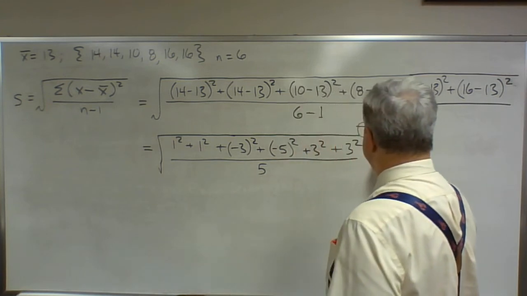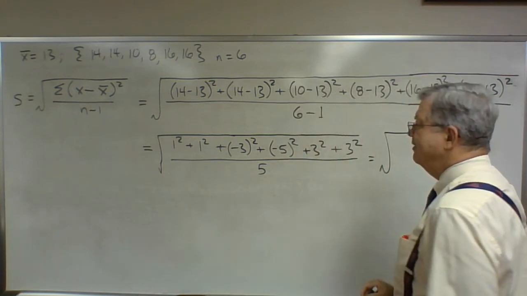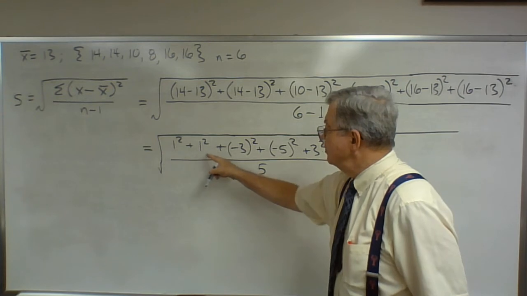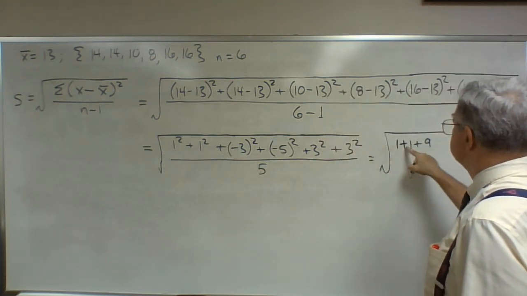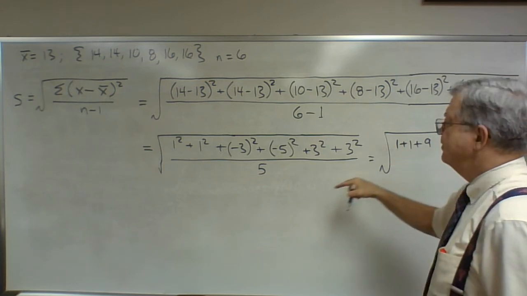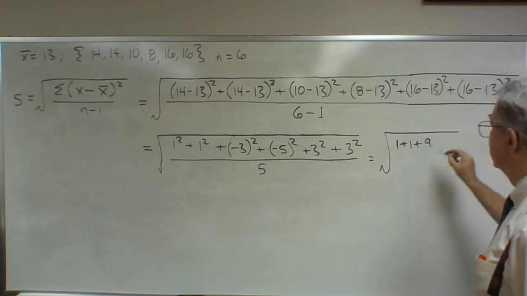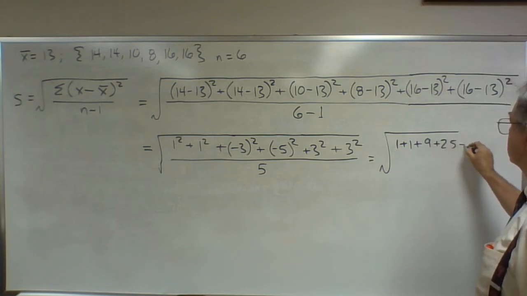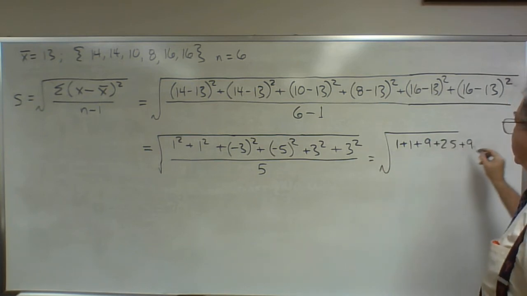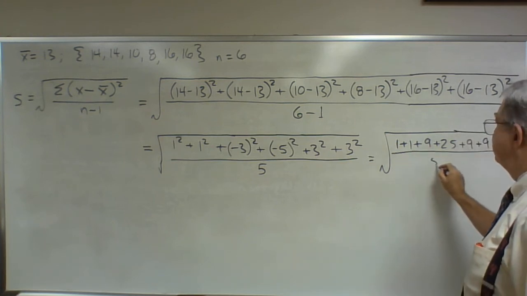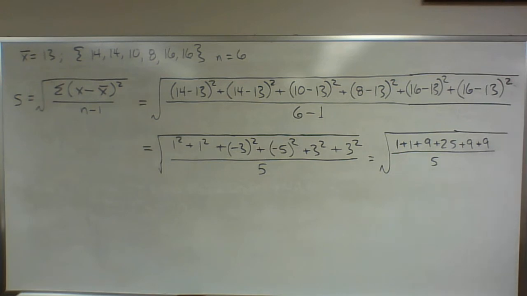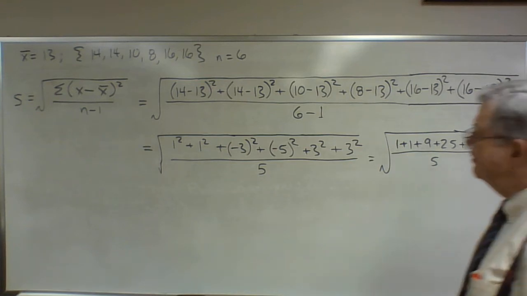And this gives us, when we work everything out, 1 plus 1 plus 9 plus 25 plus 9 plus 9 all over 5. And let's see, what do we get? 20, 45, 54 over 5.